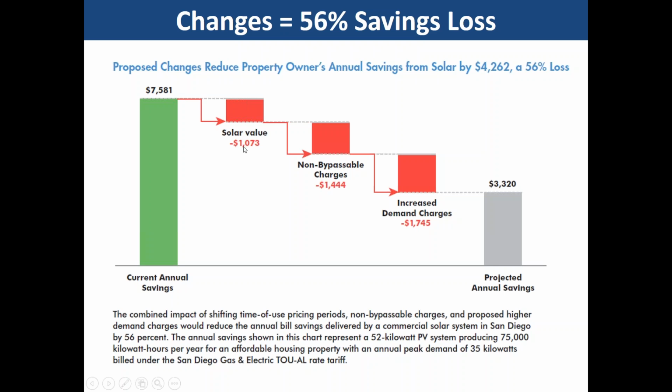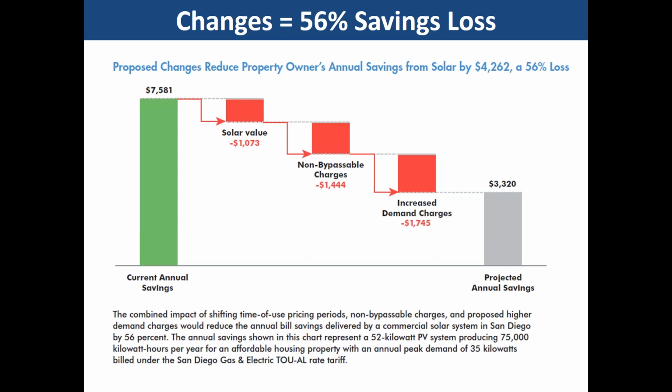That first red bar shows a decrease in value for the time of use shifting. So under new time of use rates, there's a loss in solar value of about $1,000. That represents about a 14% drop in revenue from solar savings.